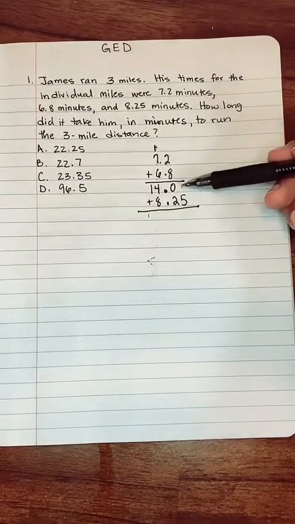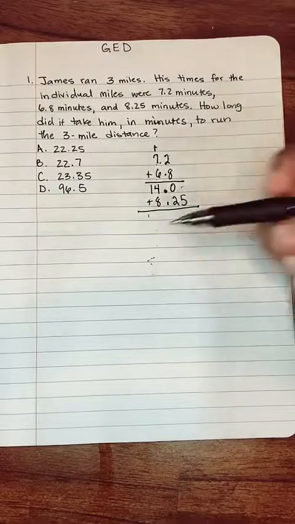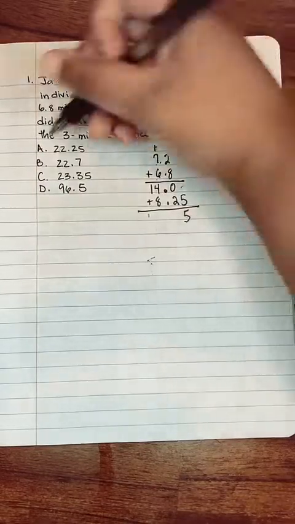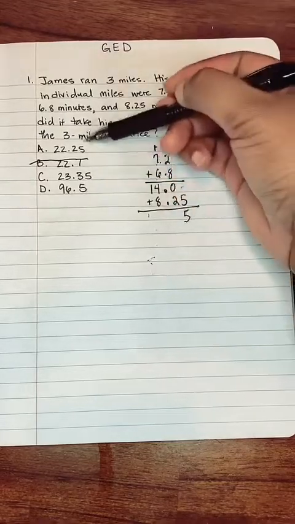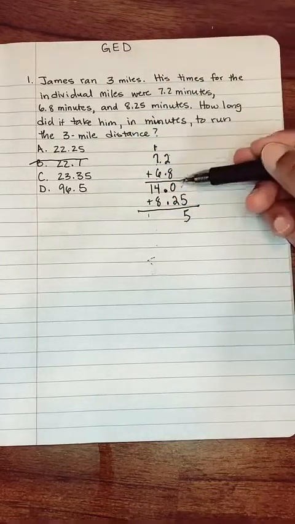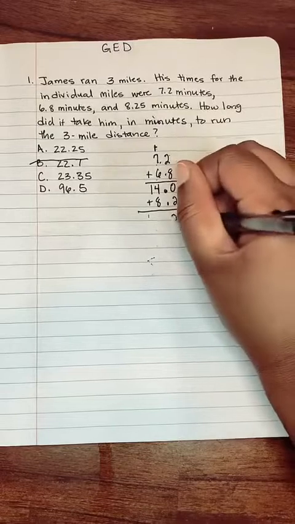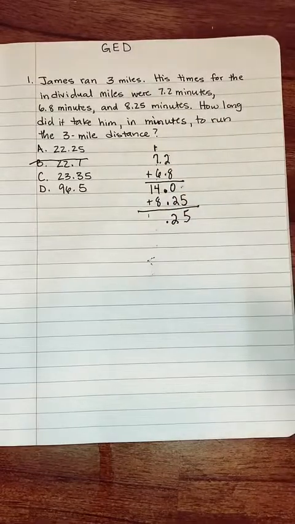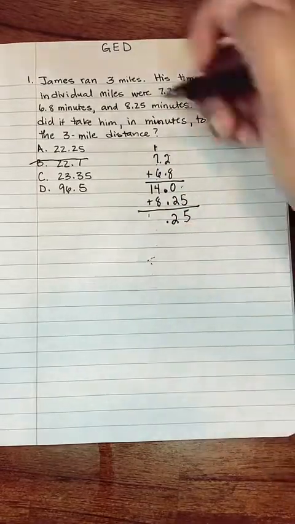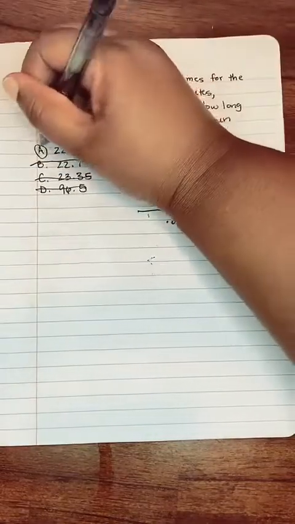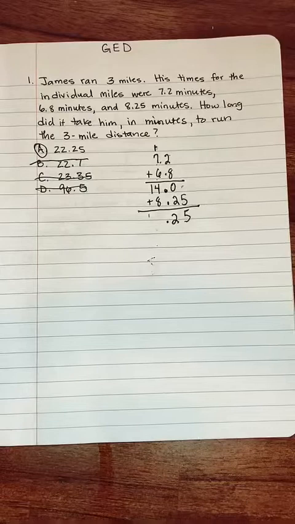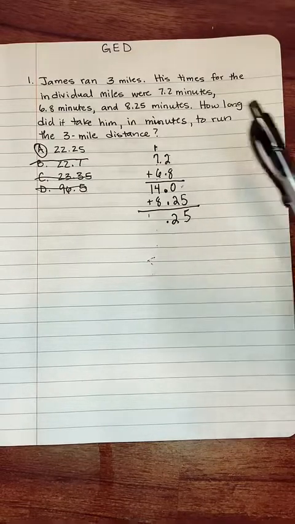Everything else ends in a 5, okay? 0 plus 2, so right now I know I have 0.25. Well, this is 0.35, this is out. D is out. A is my answer. Yes. So if you said A is your answer, you are 100% correct. Okay, so that's what I mean by using your multiple choice in order to help you.